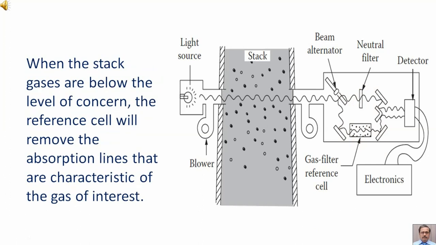When the stack gases are below the level of concern, the reference cell will remove the absorption lines that are characteristic of the gas of interest.